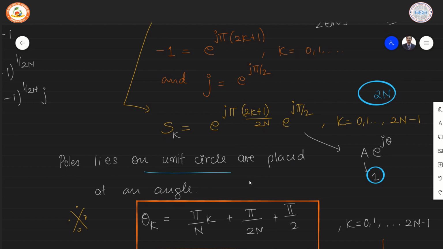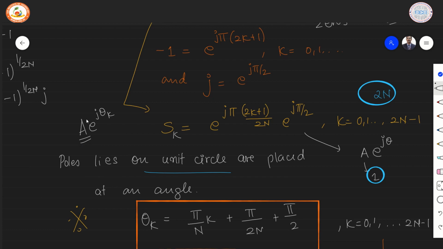The angular separation, or the location where the poles lie on the unit circle, is determined by calculating the angle. The magnitude we already observed as 1. The phase angle differs by taking different values of k. Therefore, if you compute the phase, a complex number can be expressed as a into e power of j theta, or theta k here in this case.